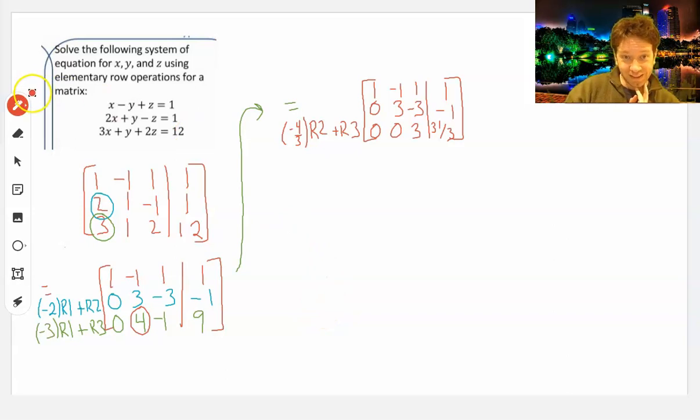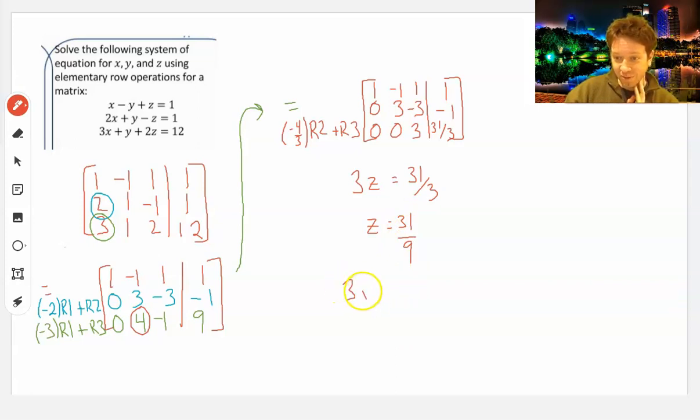But that's it. Now if you look at it, you have your last row is 3z equals 31/3. So z is 31/9. Then you can look at your second row, which says 3y minus 3z, and z is 31/9, and that's going to equal -1. You can solve for y, which will be 28/9.